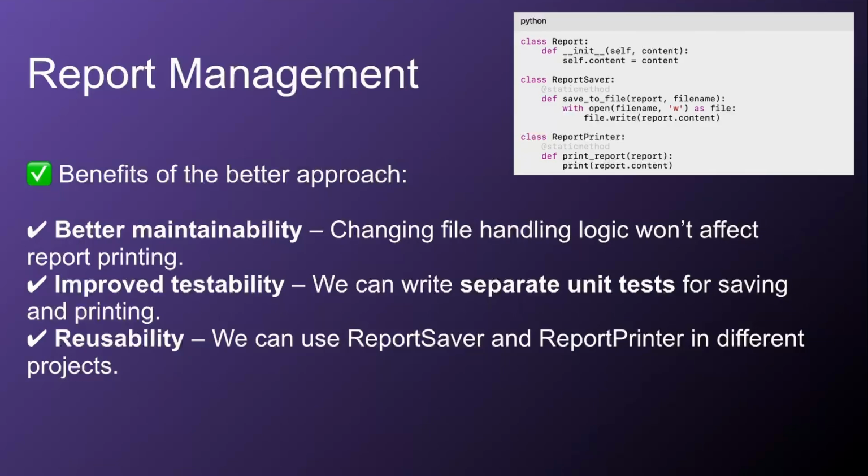Now we won't have to put in redundant dummy data, which was needed in the previous scenario for writing tests. And reusability. The best thing is that we can make use of report saver and report printer in a different project. We don't need to declare report saver separately for them, and we will be able to avoid code duplication and logic duplication.